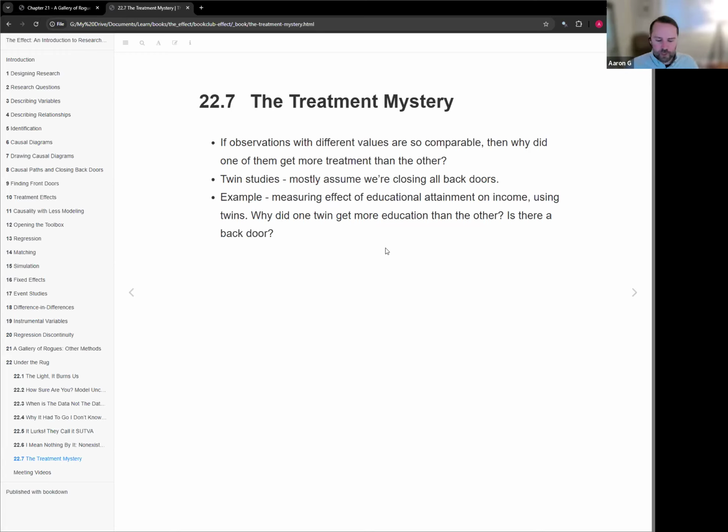Because if you have two identical twins, they grew up in the same household, there's a shared genetic history there, but you would also think the environment would be very similar as well. They shared the same parents, were born on the same date, and got the same opportunities.